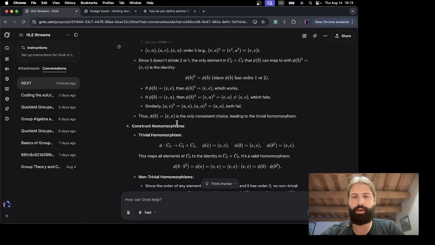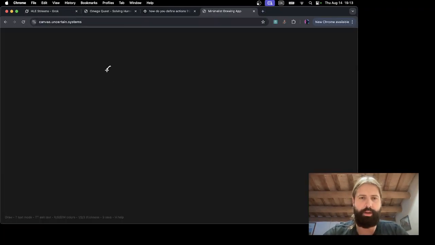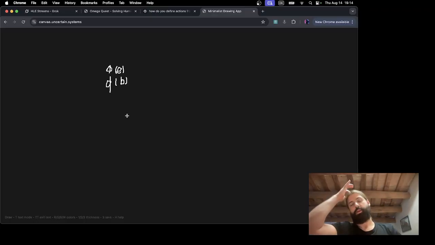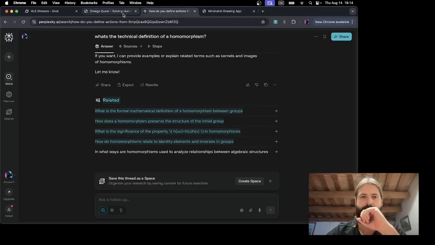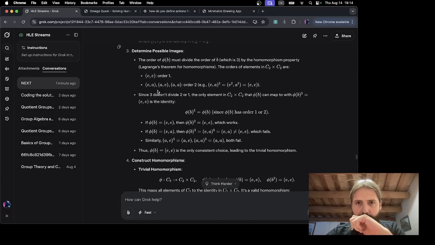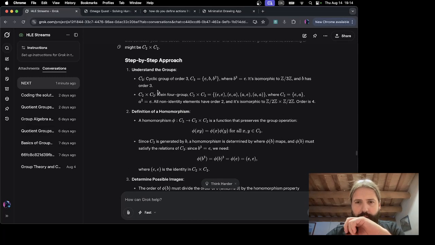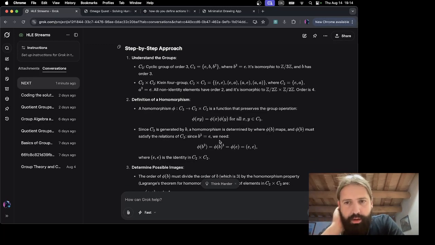So we have to define these of E. We have to define these of B, right? Those are the generators, so we need to see where these elements map, don't we? That's the point. So we're mapping E and we're mapping B. It's a function such that phi x times phi y is the same as phi of x and y.